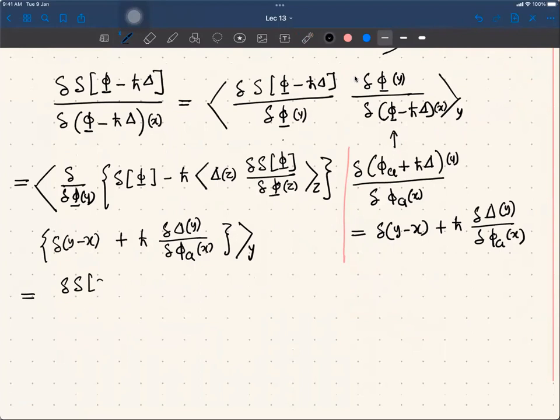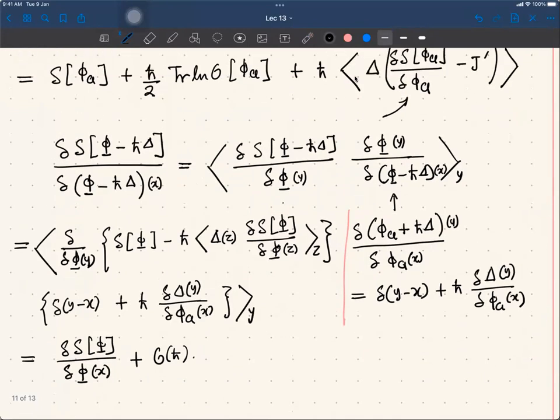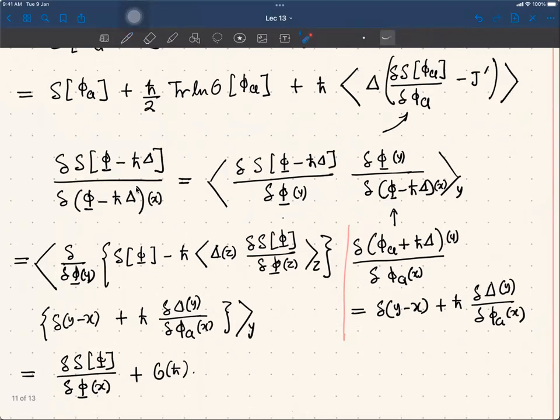Del s del phi lower bar y, but then the y integration can be done with the delta function, it becomes x, and then higher order in h bar. Okay, so if we now substitute this result here, we see that this factor can be replaced simply by this factor.